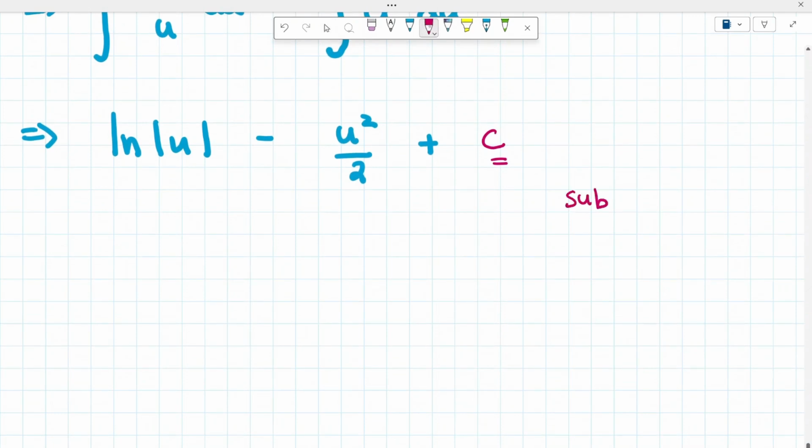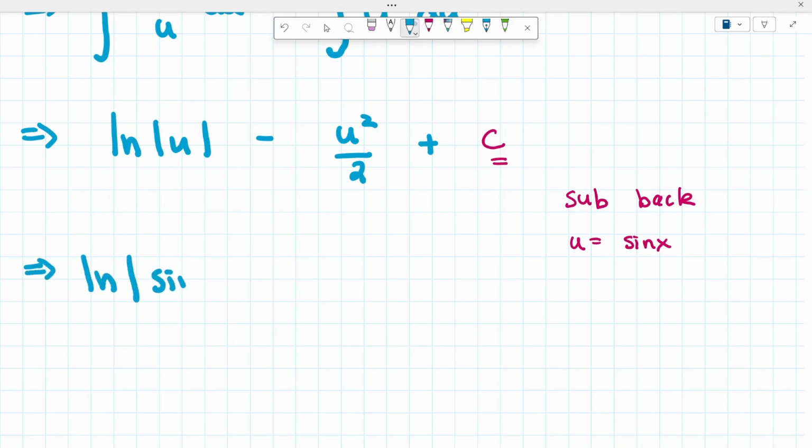We need to sub back our substitution. So we said that u equals sine x. So wherever we see u, we just have to put sine x. So that means that we have ln, absolute value, of sine x, and then minus sine squared x over 2 plus c. And that is our final answer.